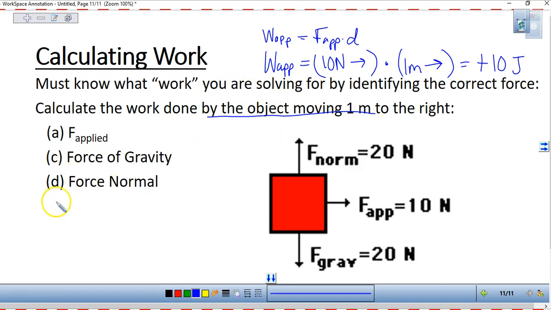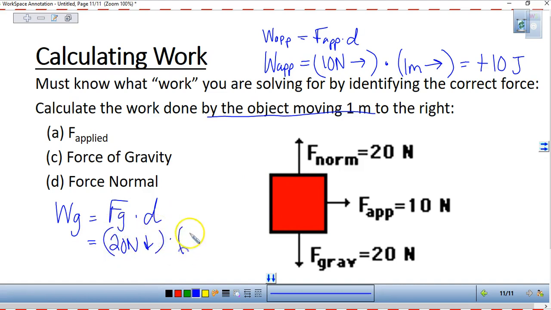If I did the work done by gravity, it's going to be force gravity times where it goes. Force gravity, according to the diagram, is 20 newtons downward, multiplied by the 1 meter to the right.